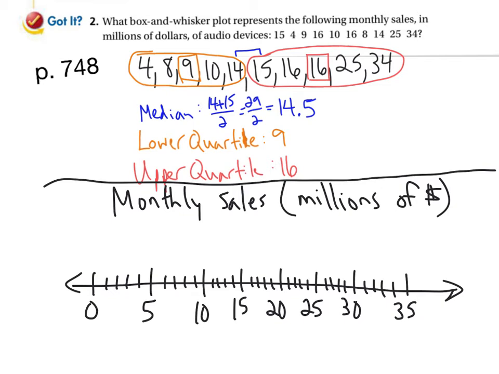And then we're just going to draw our box and whisker plot. So we're going to start with the lowest number, which was 4. So we'll put a dot there. And then we had lower quartile was 9. Median was 14.5. Upper quartile was 16.